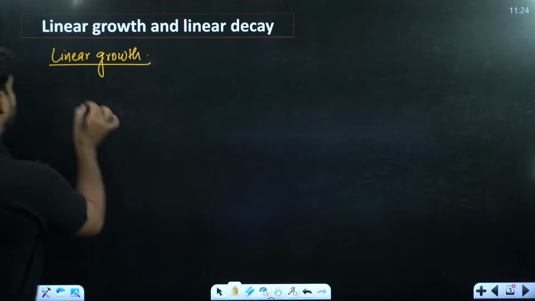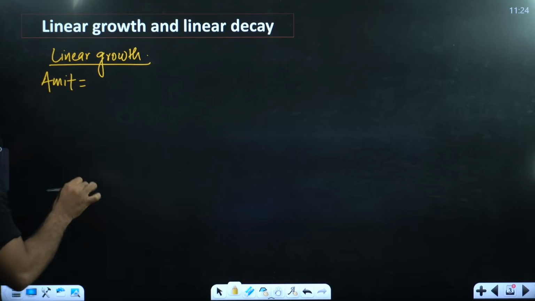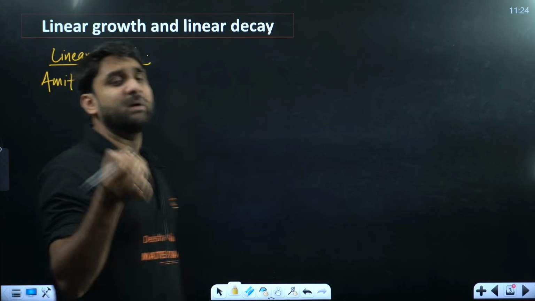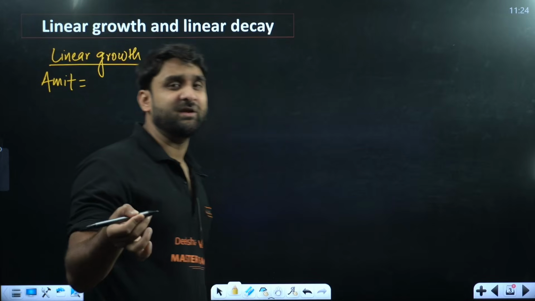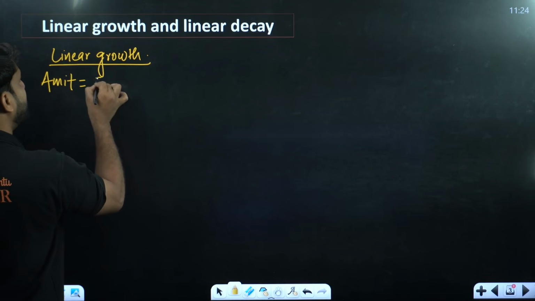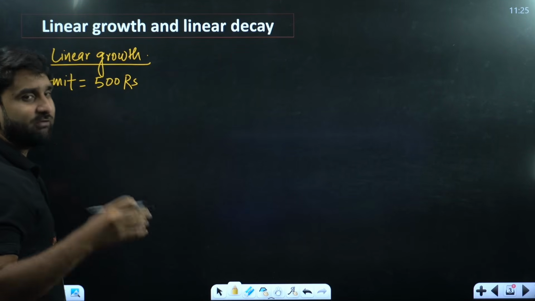For example, Amit is a boy and Amit is saving 100 rupees every month. He already had 500 rupees.